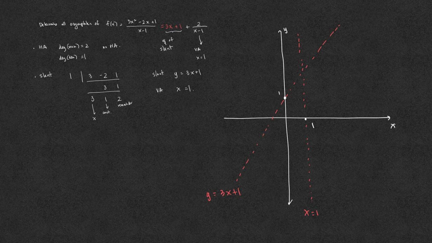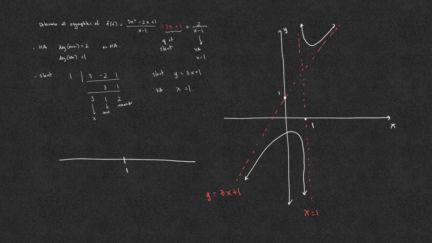The graph should follow the slant asymptote as x goes to infinity or negative infinity, and as x approaches the vertical asymptote, the function increases or decreases without bound. Ideally, we should check the sign of the function for positive and negative.